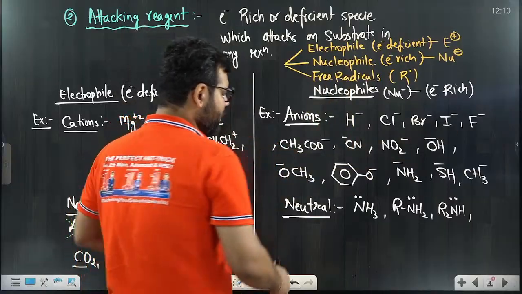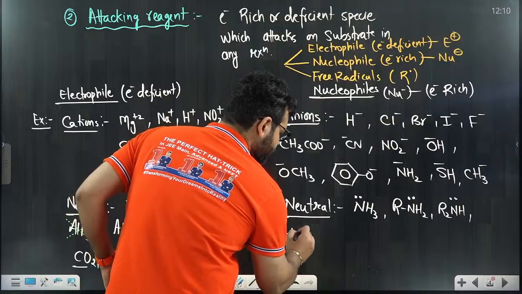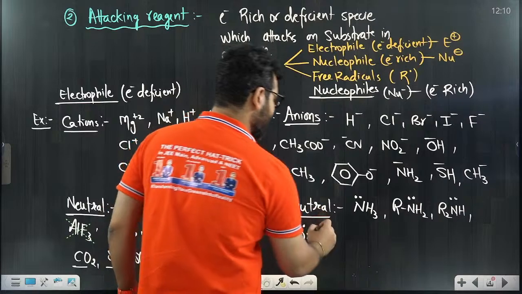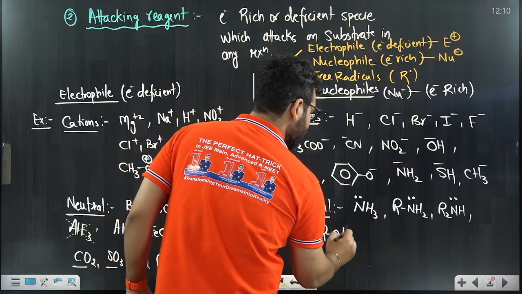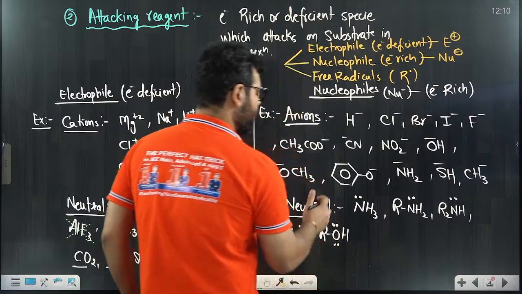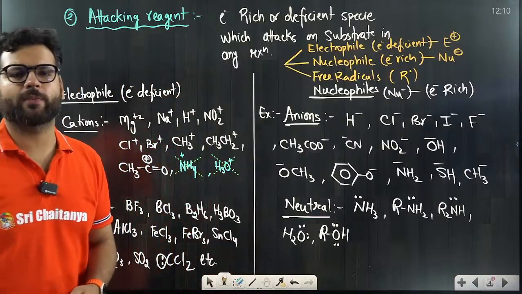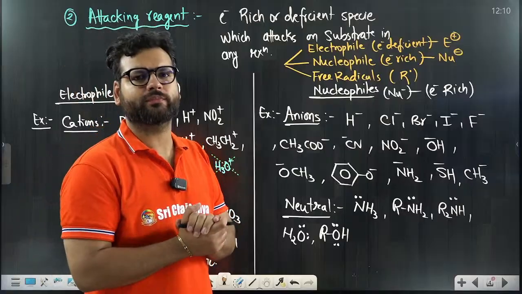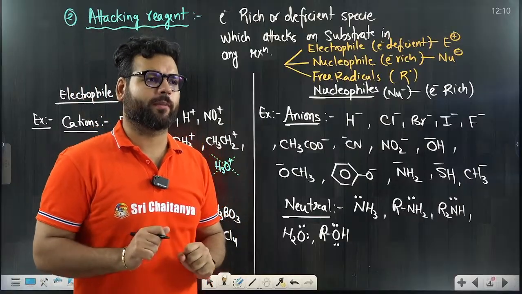Then oxygen containing nucleophiles like water. Oxygen containing nucleophile like alcohol, so ROH. These are neutral nucleophiles. Most common nucleophiles are these. I hope it is clear to everyone.